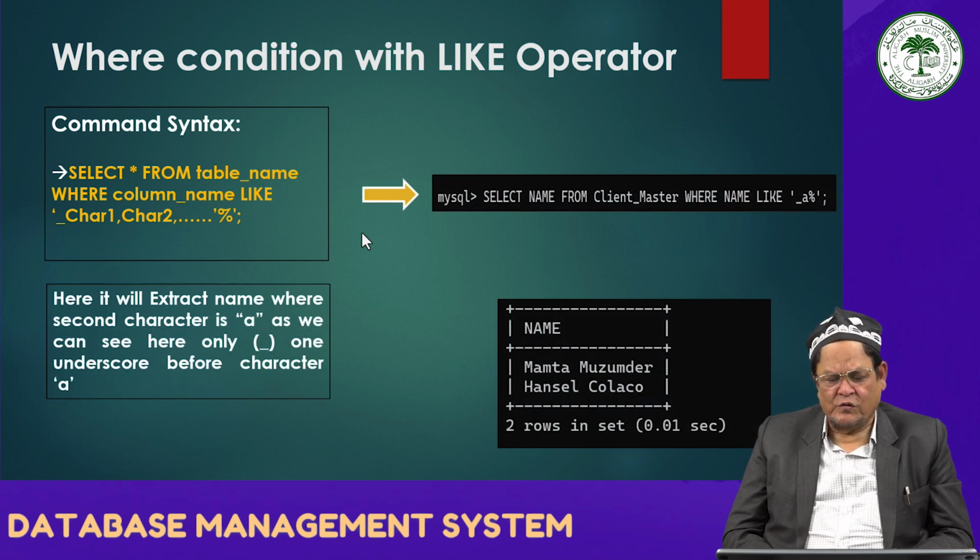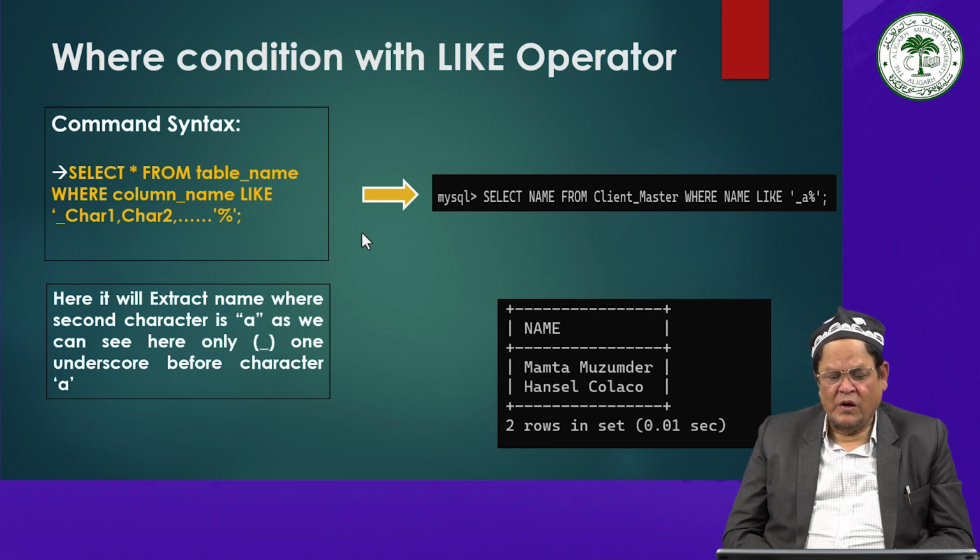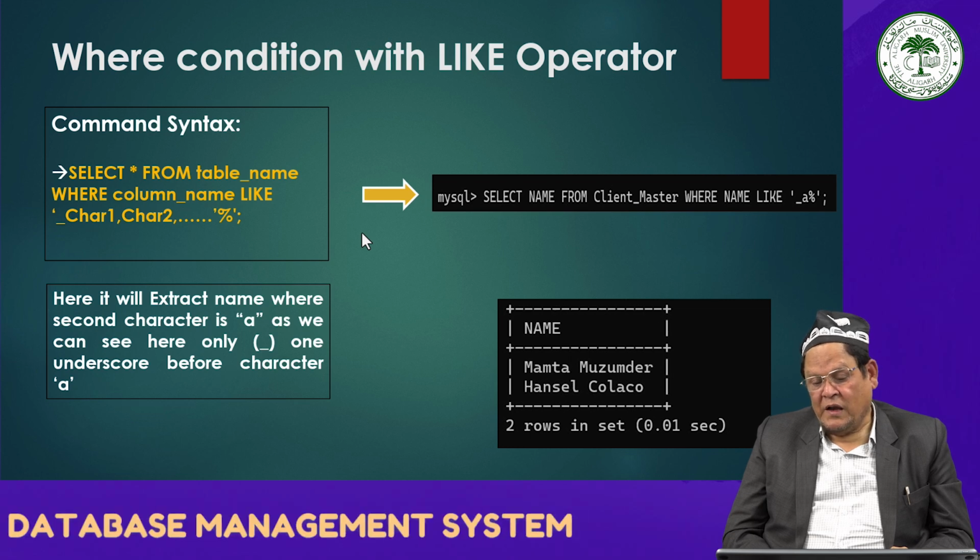In MySQL, you have to type SELECT name. Here I want to see only the name. If I write a star, all the attributes will show, but here I want only the name. So I have to write SELECT name FROM client_master WHERE name LIKE '_a%'.